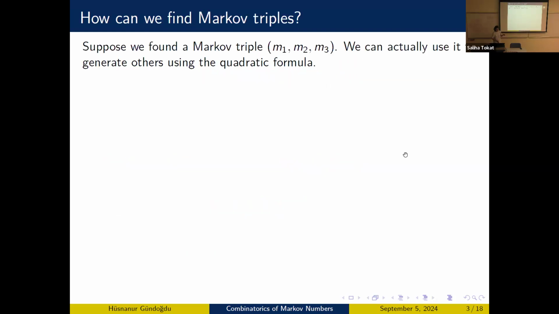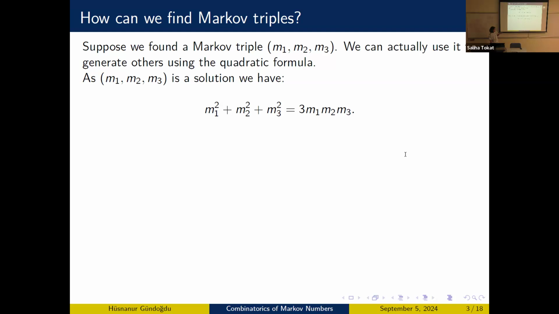Let's suppose we find a solution triple M1, M2, and M3, and we know these numbers satisfy the equation. If we set M1 as the variable x, we get a quadratic equation like that.